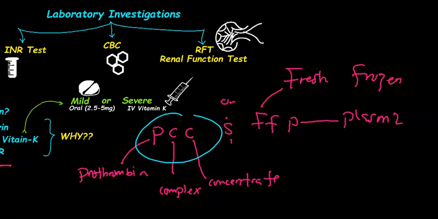But the good part is that both the prothrombin complex concentrate and the fresh frozen plasma have almost the same mechanism of action. They simply replace the clotting factors and stop bleeding fast. But notice that surgery may also be necessary if there is severe damage.